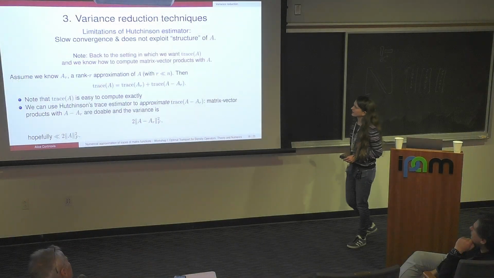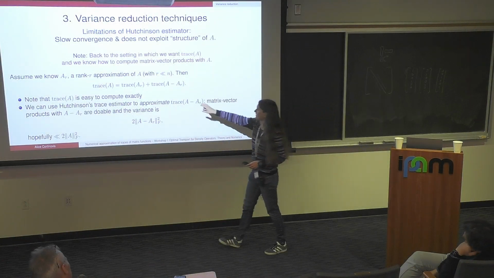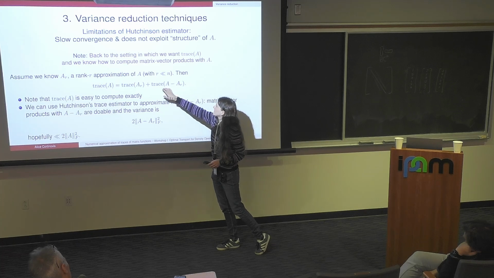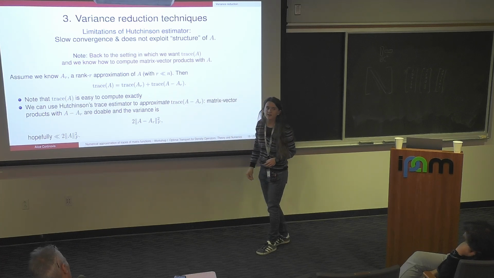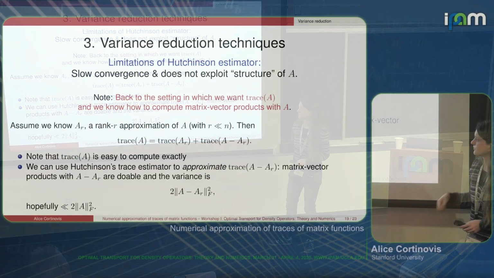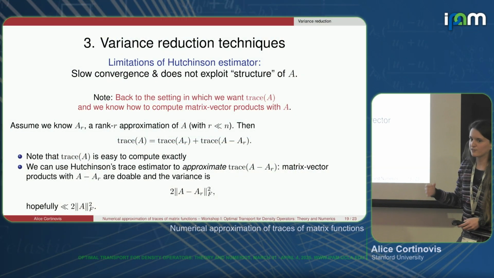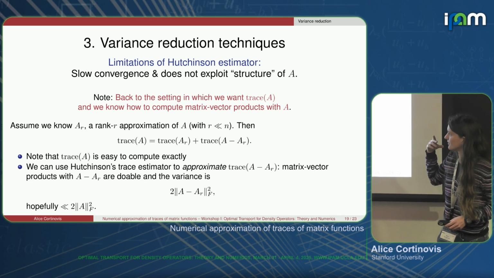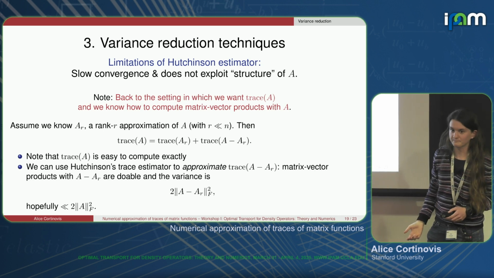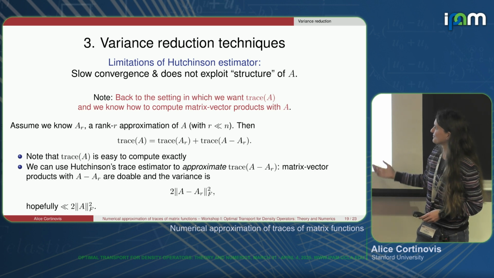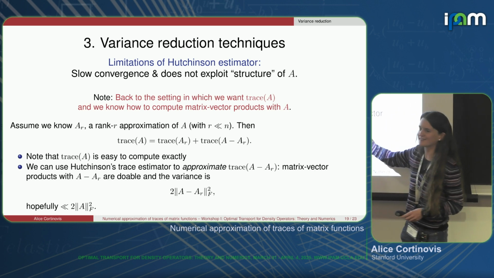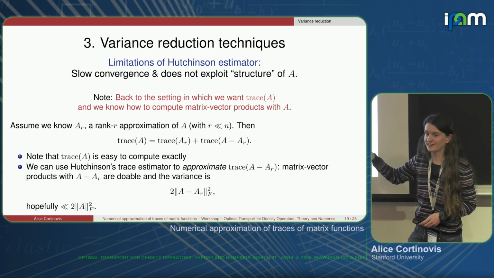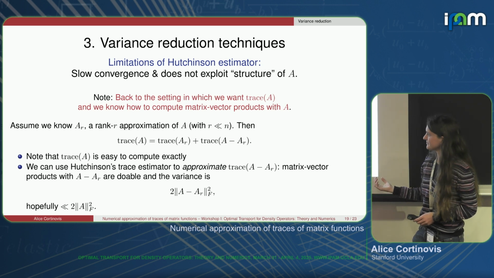The second thing is that I need to approximate or compute the trace of A minus A_r. If I use the Hutchinson trace estimator for that, its variance and also the bounds depend on the Frobenius norm of that. So hopefully, if A_r is a good approximation of A, the variance is much smaller.